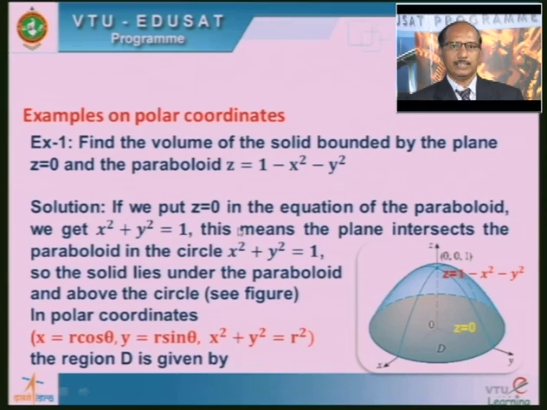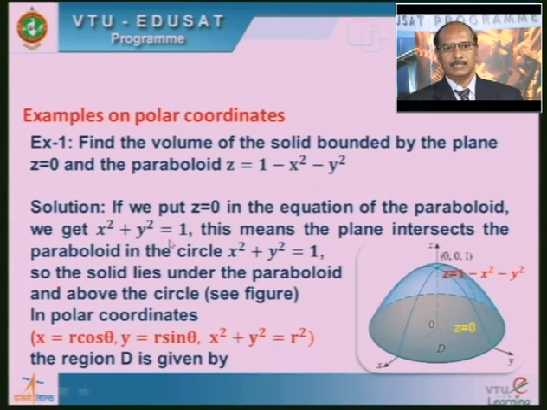If we put z equal to 0 in the equation of the paraboloid, we get x square plus y square equal to 1.